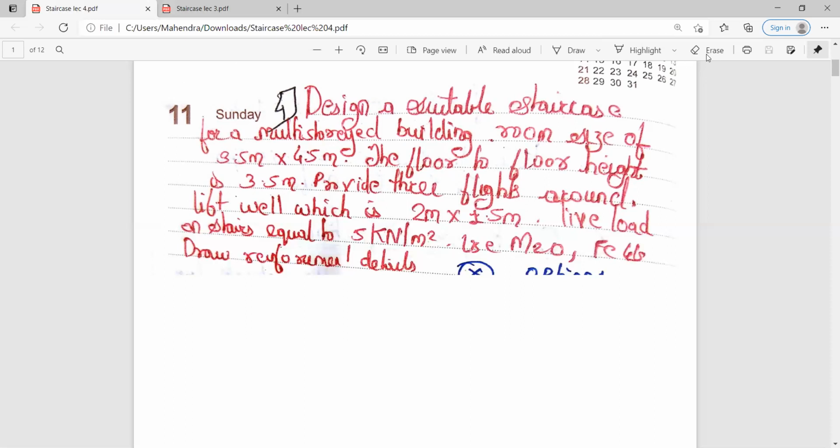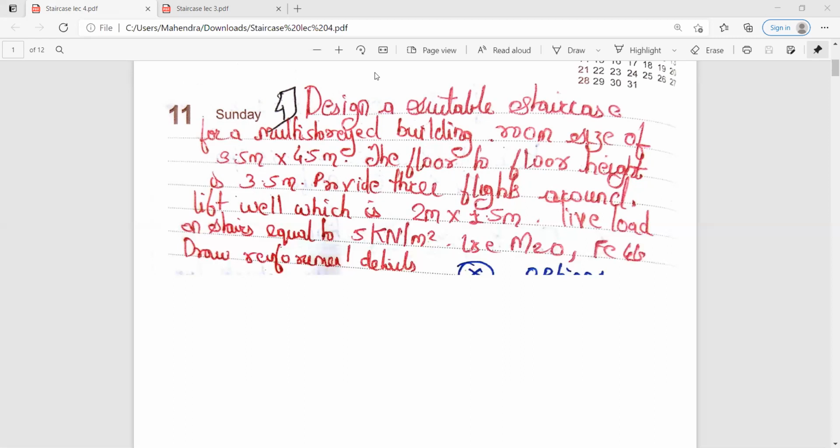Up till now, the sums we have done were for 2 flights, but in this sum, they have told you to design for 3 flights around the lift well. They have also given the lift size, that is 2 meter by 1.5 meter. The live load is given, that is 5 kilonewton per meter square. And they have told you to use M20 and Fe415 grades, and to draw the reinforcement details.